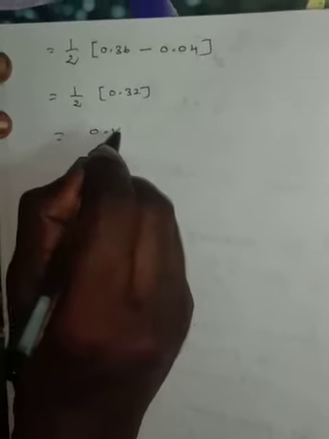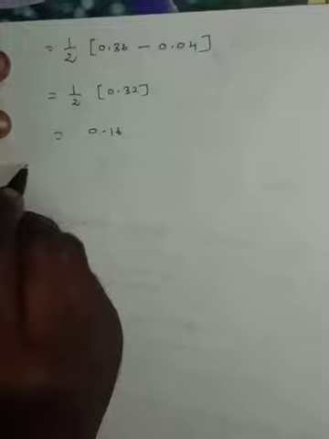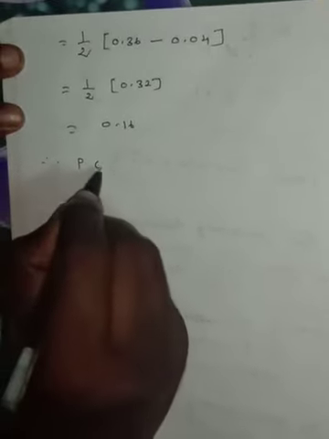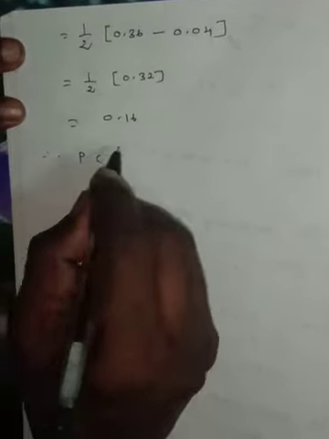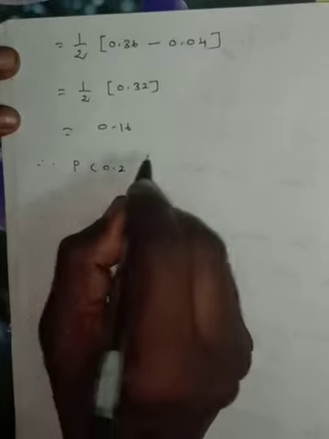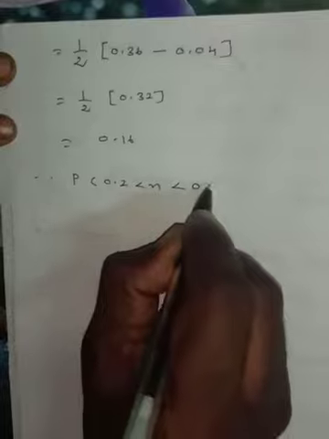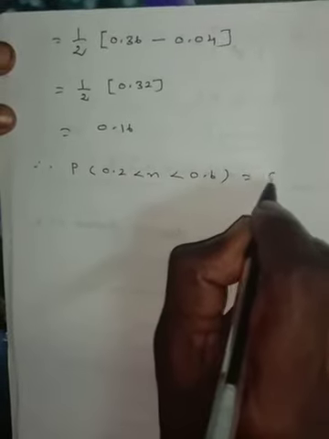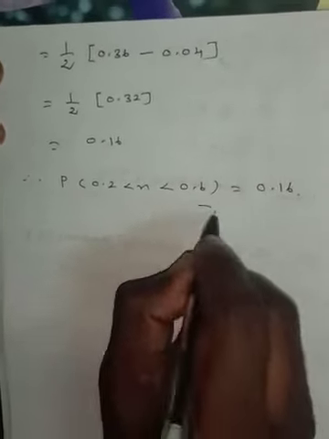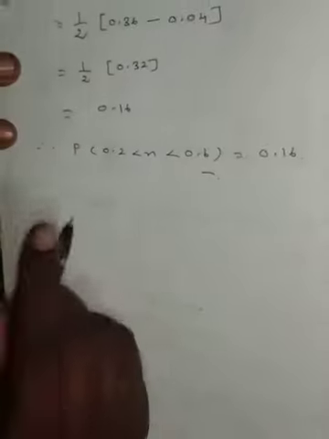Dividing by 2 we have 0.16 is the answer. Probability of 0.2 less than x less than 0.6 is equal to 0.16.